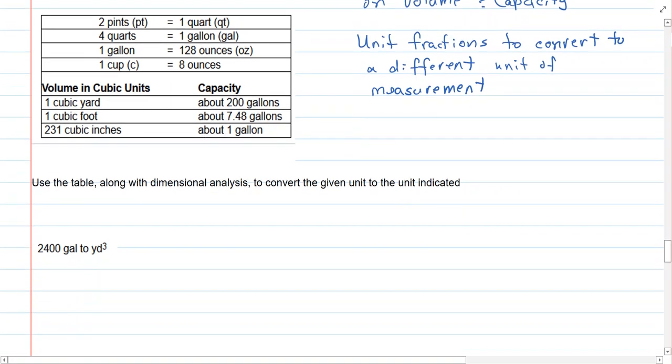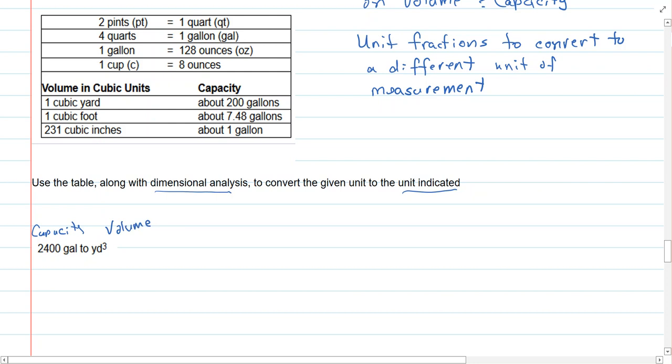So let's look. We have a table of items. It says use a table along with dimensional analysis to convert the given unit to the unit indicated. So we have capacity in gallons to yards cubed, which is volume.